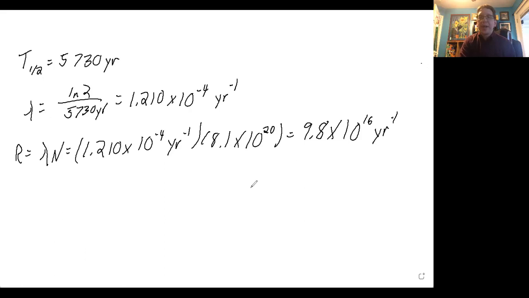So if you want, you can divide this number by 3.16 times 10 to the 7. You get 3.1 times 10 to the 9 per second.